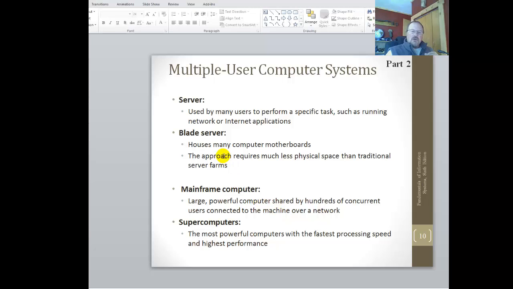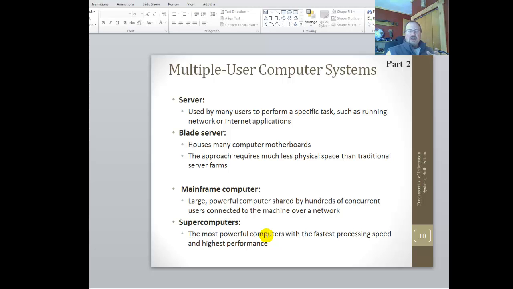Mainframes are large powerful computers shared by hundreds of concurrent users connected to the machine over a network. So a Blade server can be a mainframe. Okay, a regular, what we would call or think of as a desktop server, can be powerful enough that it can be considered a mainframe. And then supercomputers are the most powerful computers and fastest processing speeds. So that's really a step above.